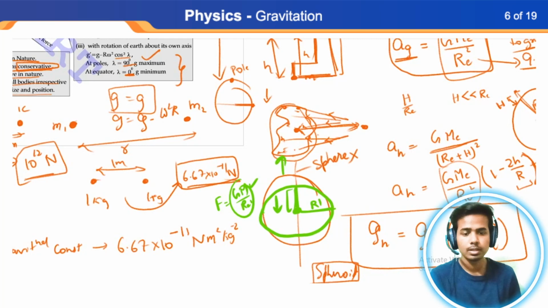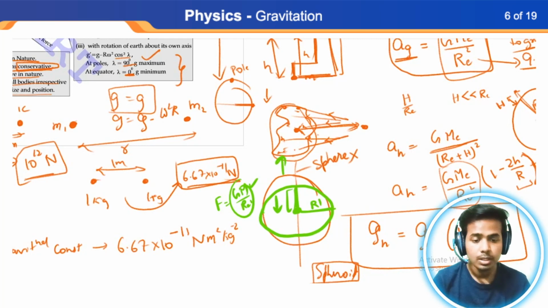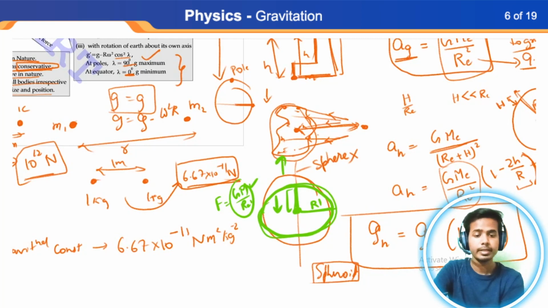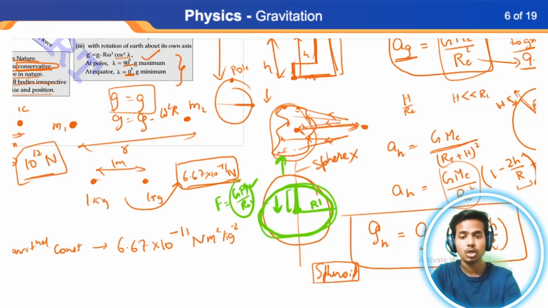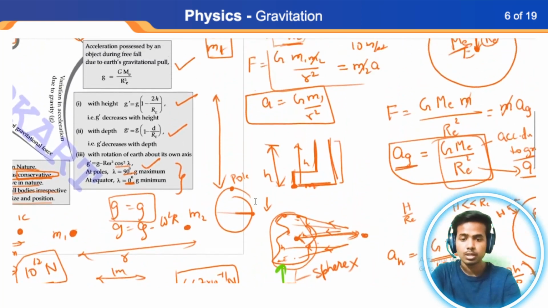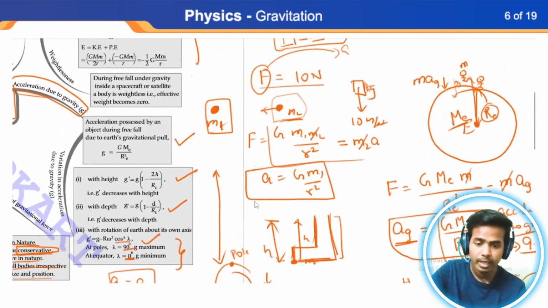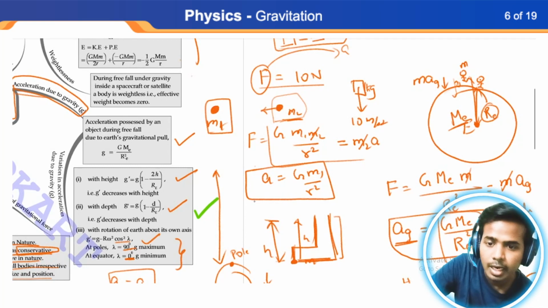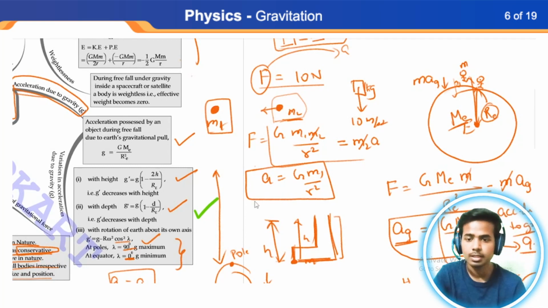And what was the other one, which is elongation of the earth along the equator and shortening along the pole. So these are the reasons why these three variations happen, and we can come back.